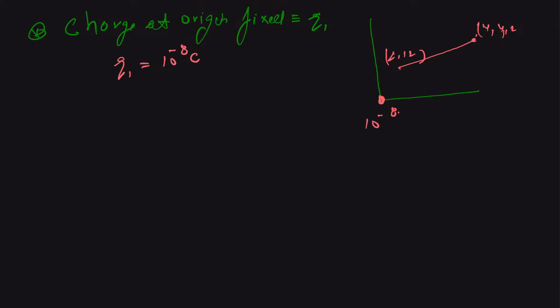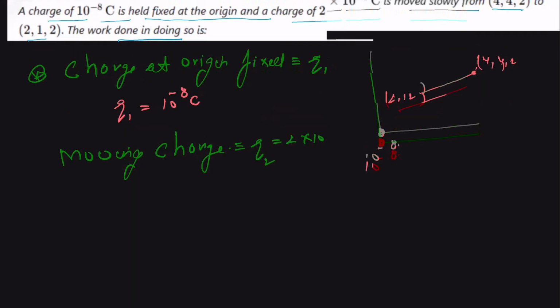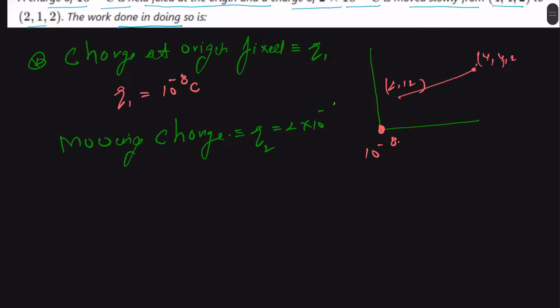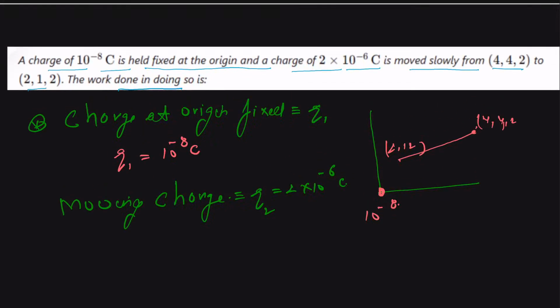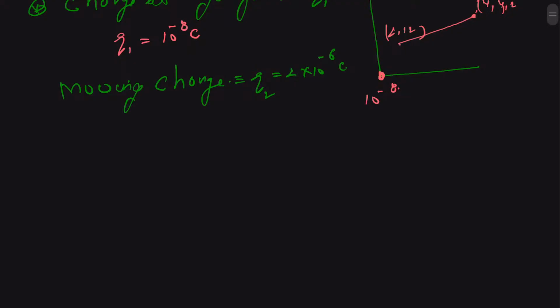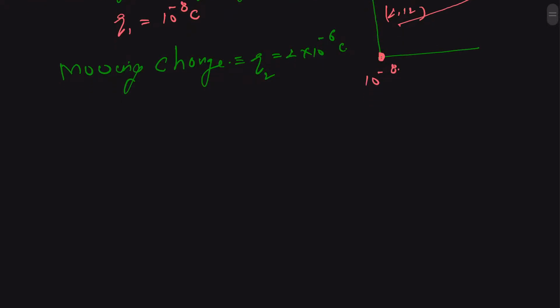And the other one is a moving charge, which we call Q2, and this Q2 is given as 2 into 10⁻⁶ coulombs.